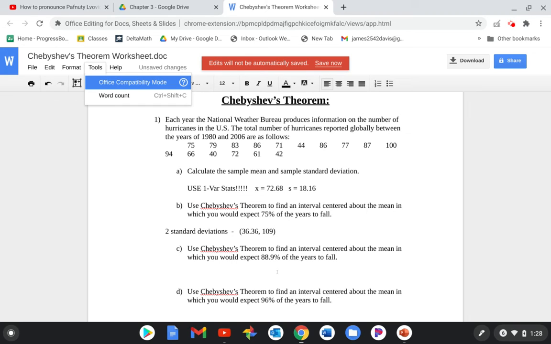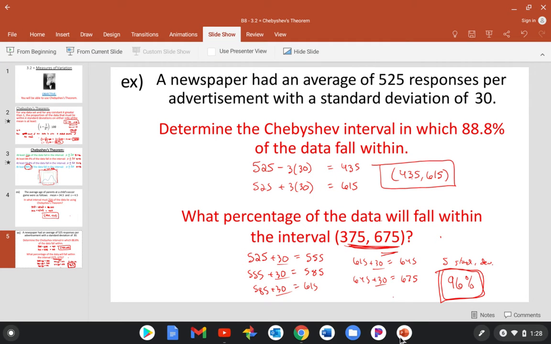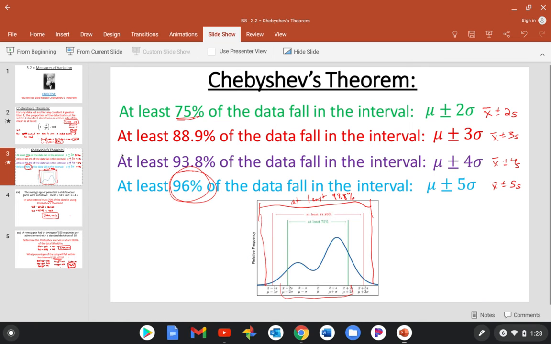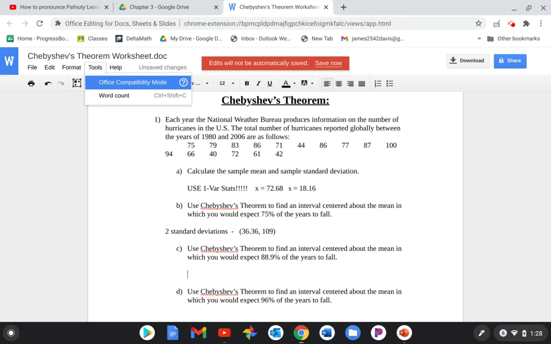If I want to do the 88.9, very similar, except if you forget 88.9, that's 3 standard deviations. So check that. So I'm going to be adding and subtracting 3 times it. So I'm just going to stick with 72.68, and this is what I'm just typing in my calculator. Minus 3 times 18.16.